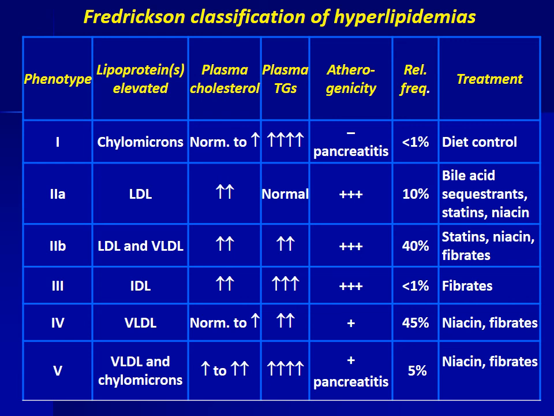The phenotype, the lipoproteins elevated, plasma cholesterol levels, plasma triglyceride levels, atherogenicity, and relative frequency, and the treatment of different types of hyperlipidemias are given in this table.